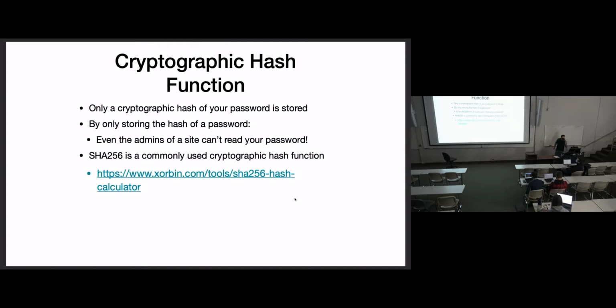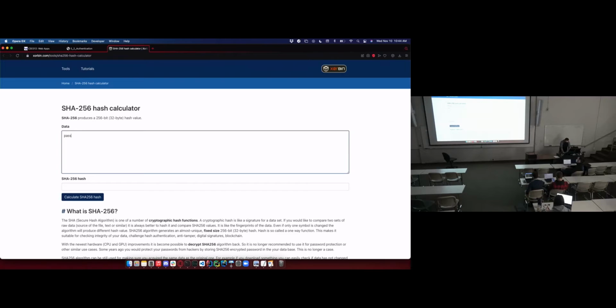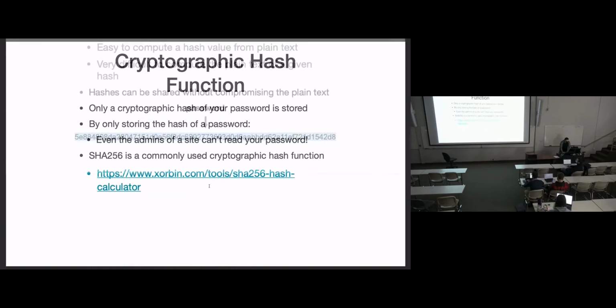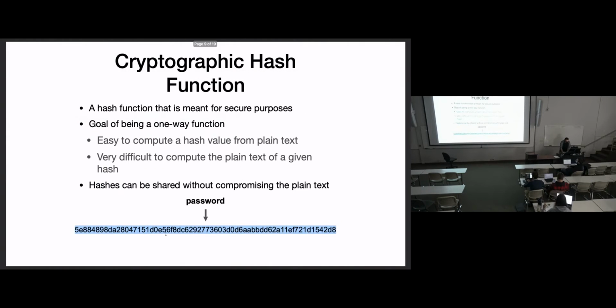This is an online tool that I like to use just to generate SHA-256 hashes. Let me visit it quick. If I get this value, 5E8848, ends in D8, we'll try to remember a little bit of that. If we go back to our slides on the previous slide, 5E8848, ends in D8, it's the exact same hash I have in this slide.